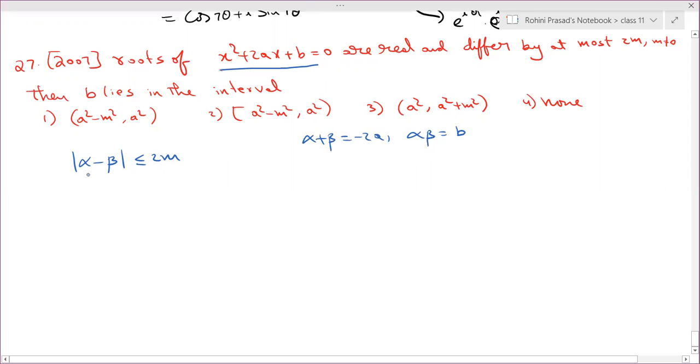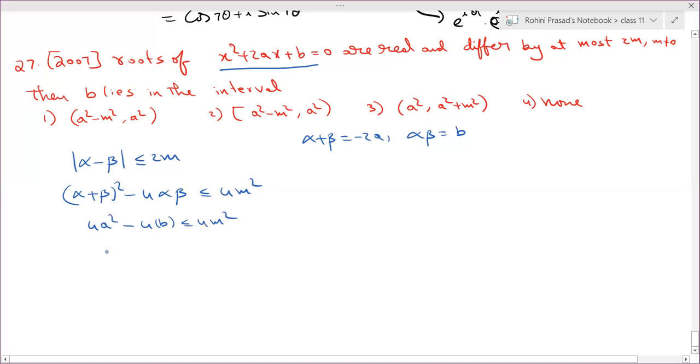So then it will be alpha minus beta the whole square. Alpha minus beta the whole square is alpha plus beta the whole square minus 4 alpha beta, less than or equal to 4m square. Alpha plus beta is minus 2a, whole square, the 4a square, minus 4 into alpha beta, which is b, is less than or equal to 4m square. 4 common cancels.